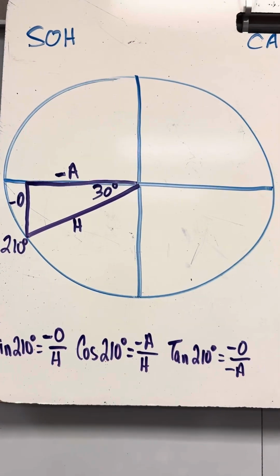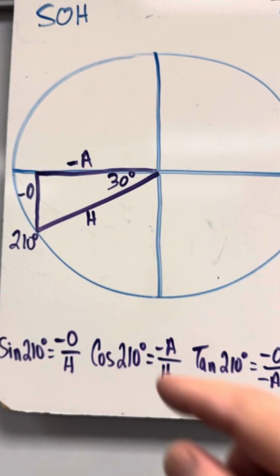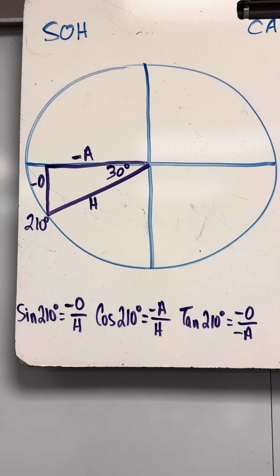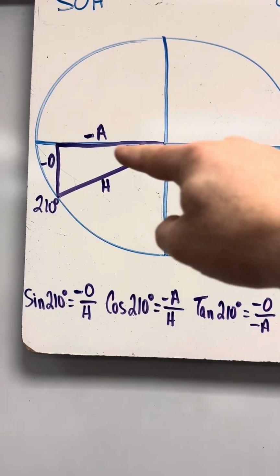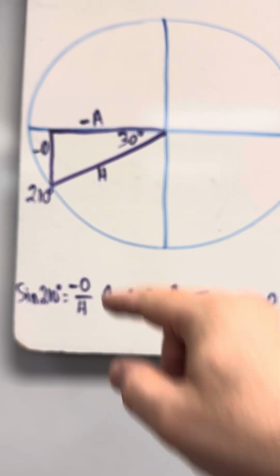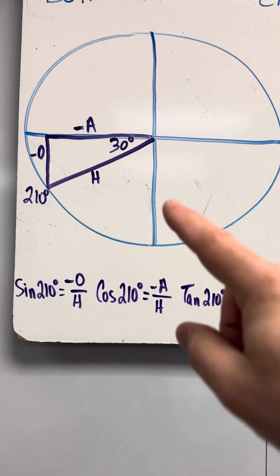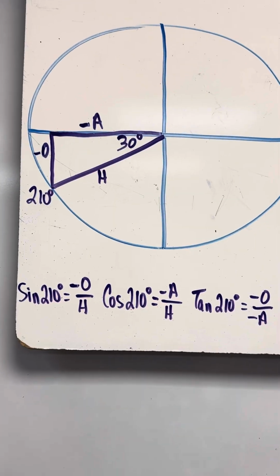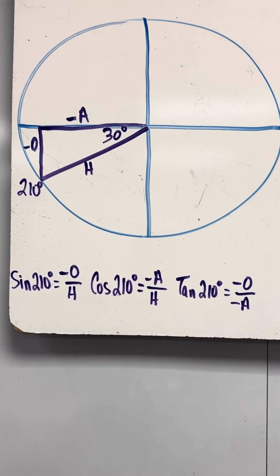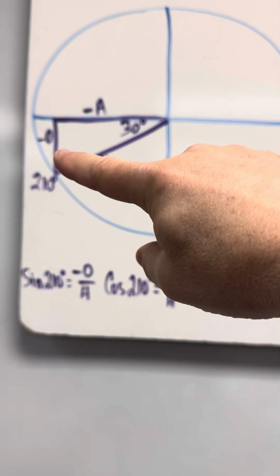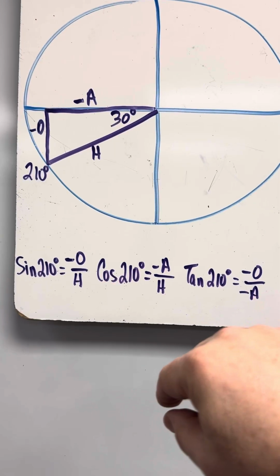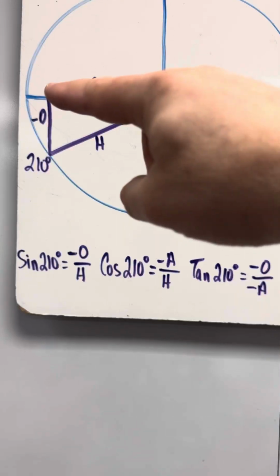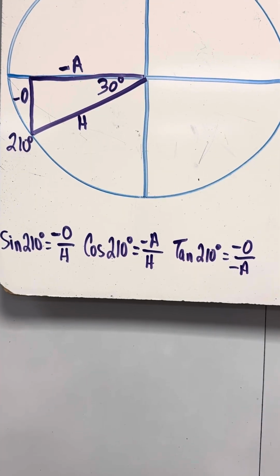Over here, down in this region, in quadrant 3, now this is negative A, but this is also negative O, right? The H is always going to be positive. Sine is going to be negative O over H, so sine is negative. Cosine is negative A over H. Cosine is negative.